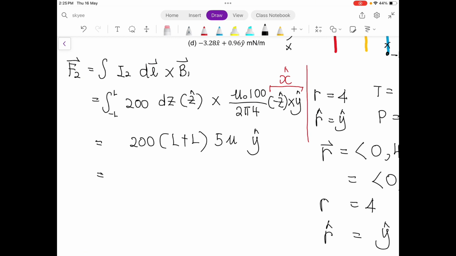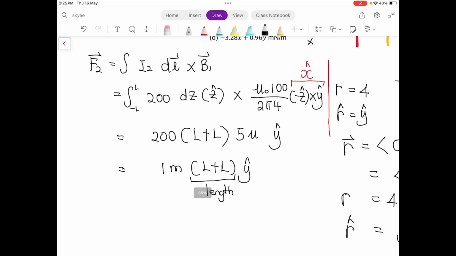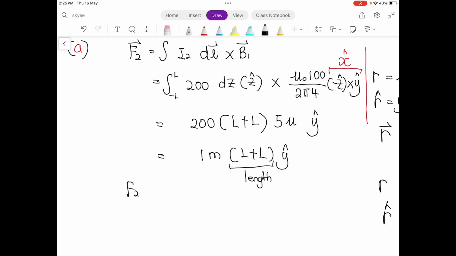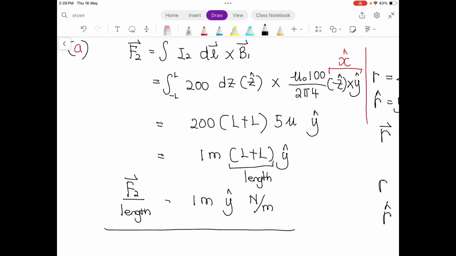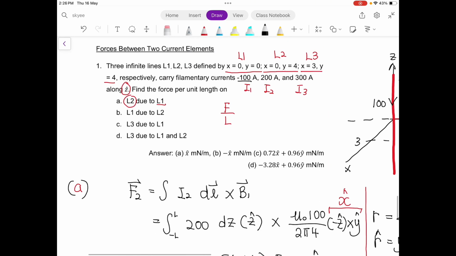So it is equal to 1 milli, L plus L, in the y directions. L plus L we call the length. So the F2 divided by length would be 1 milli, y directions, Newton per meter. So this is the first answer.